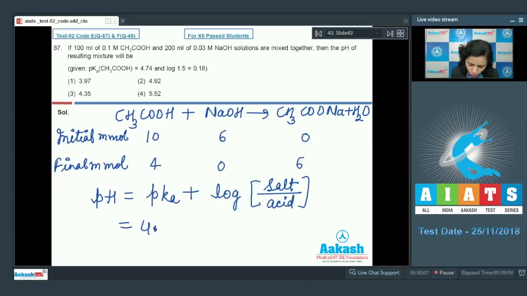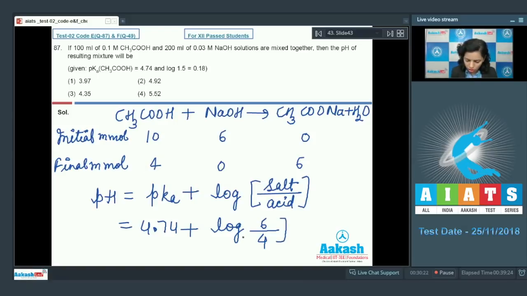Now, pKa value is already given for this acetic acid. It is 4.74 plus log. What about the millimole of salt? The salt is sodium acetate, its millimole is 6, and millimole of acetic acid is 4.